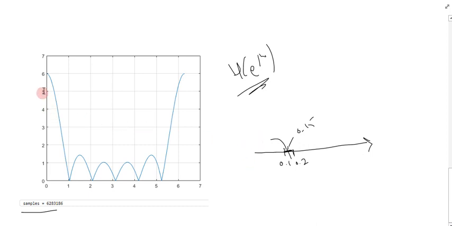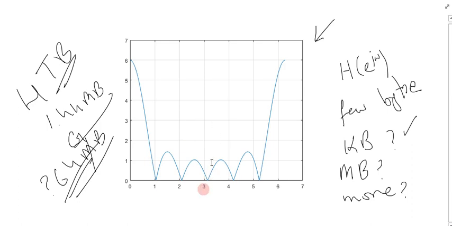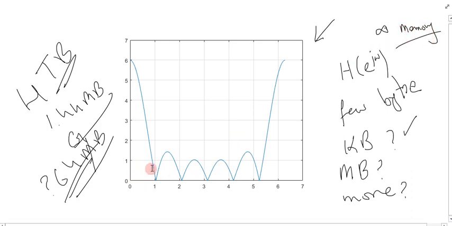So if you want to store this complete spectrum, which is continuous in frequency, you need infinite memory if you want to completely save it, because in continuous axis it is from 0 to 2 pi actually, but between 0 to 2 pi there are infinite samples, and in order to save each sample you require infinite memory.